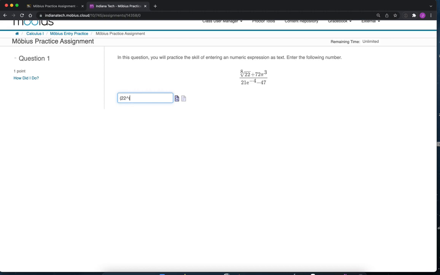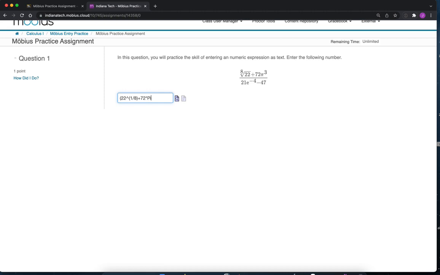Well, the eighth root is the same as the 1/8 power, so it's 1 divided by 8. That's what it looks like as text. And then we're going to keep going. In the numerator, we have a plus and then 72 times pi raised to the third power. Now, pi in text mode in Mobius is uppercase PI.